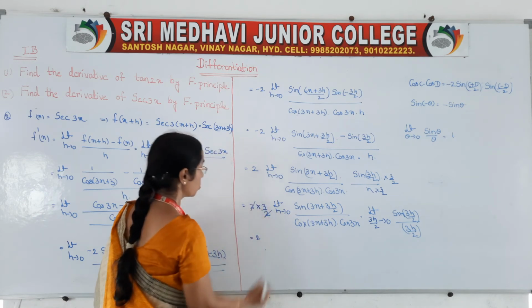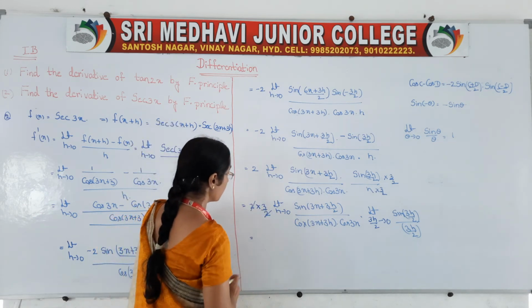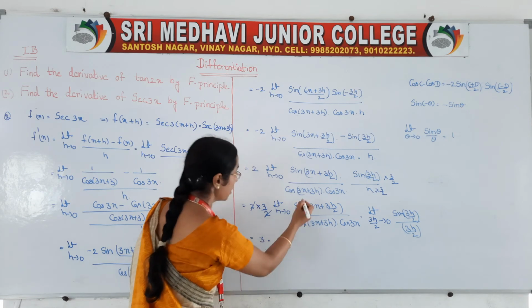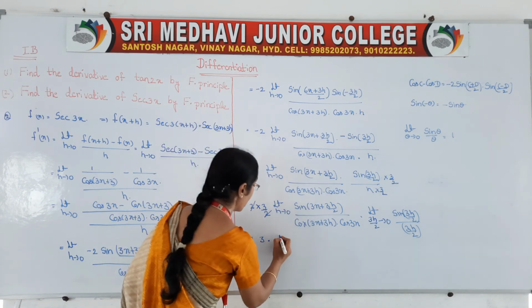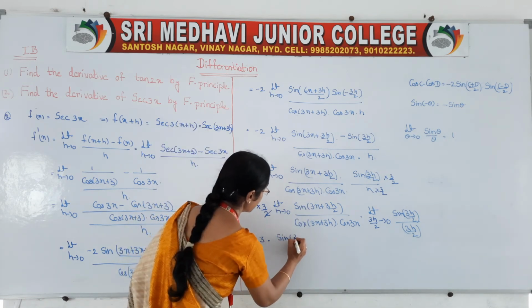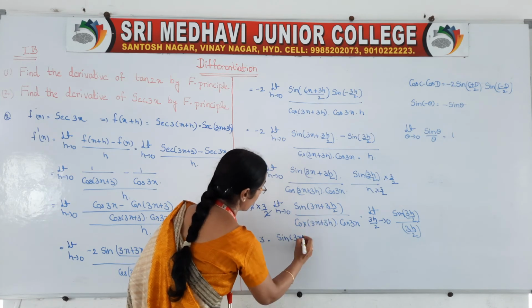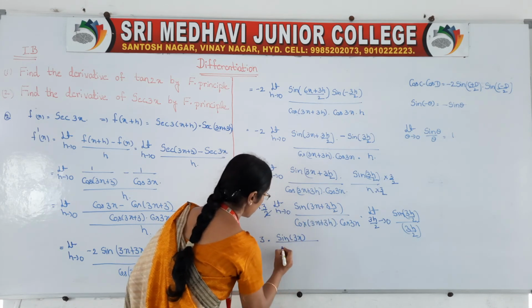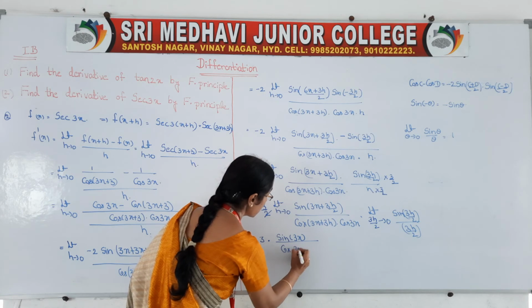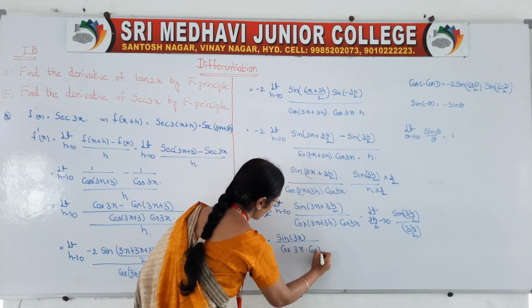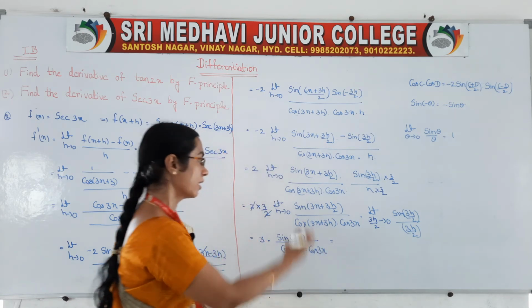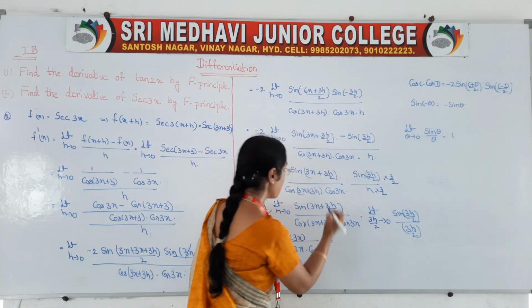And here you apply your limit value. Here 2 will get cancelled. We will have 3 into, apply the limit: it is sine 3x, the h part will be 0, and downwards it is cos 3x into cos 3x. That value is equal to 1.